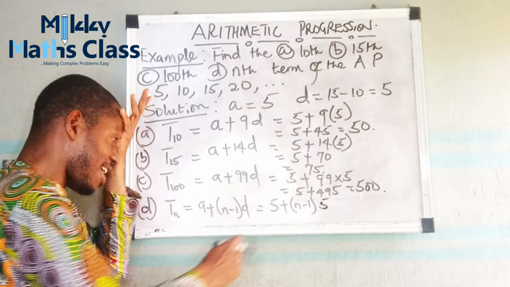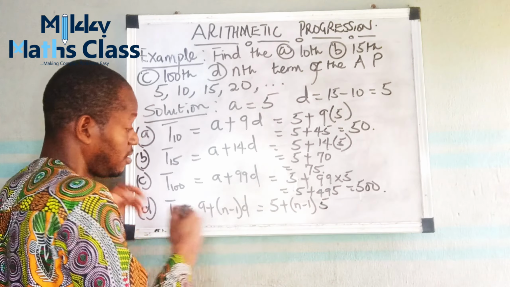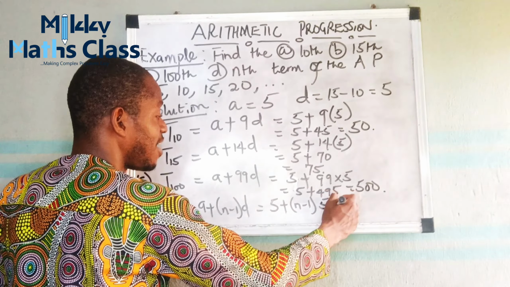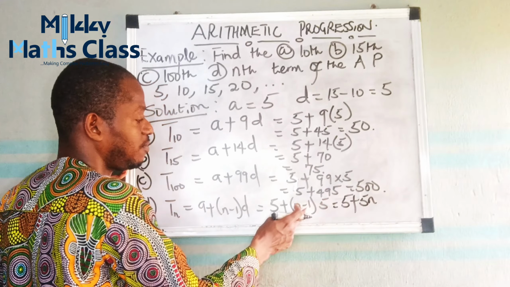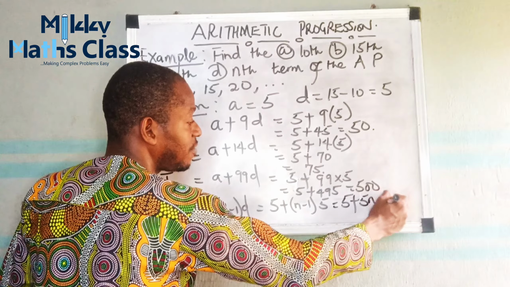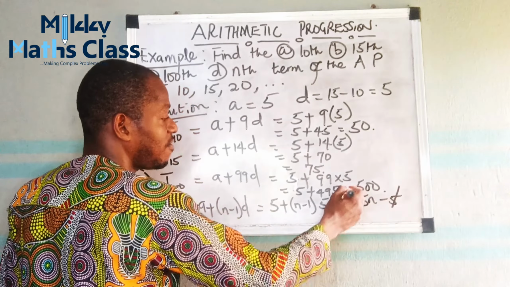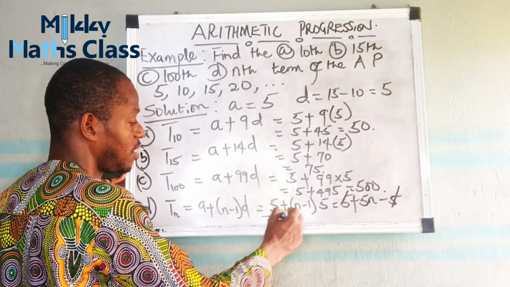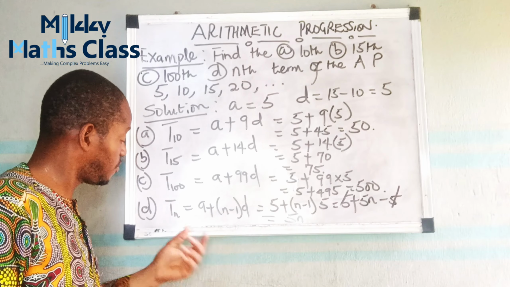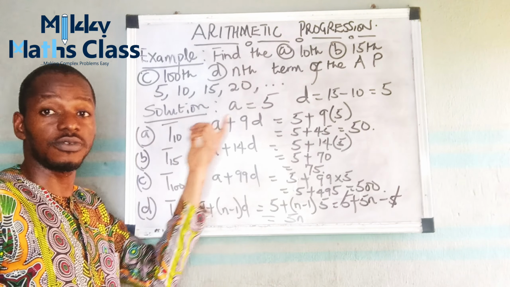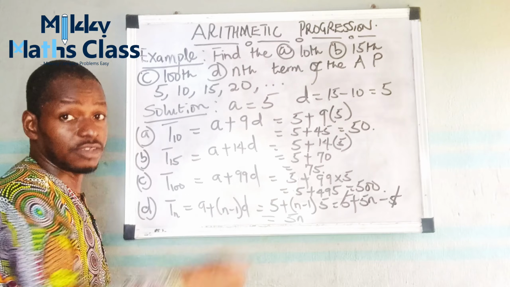This becomes 5 times n, 5n, plus 5 times negative 1, that's negative 5. So the 5 and negative 5 cancel out, and we have 5n. So 5n is the nth term of this particular progression.